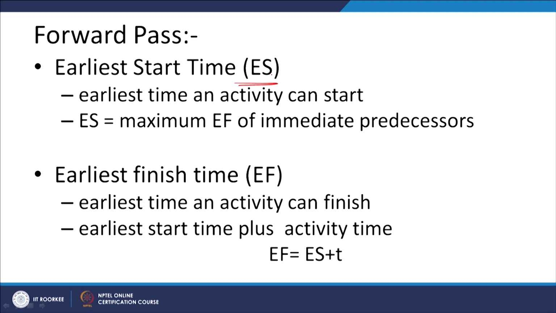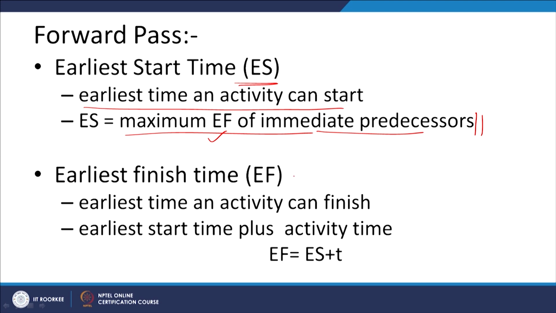Earliest start time, ES, is the earliest time by which an activity can be started, and normally we take the maximum of the time values by which the immediate predecessors can be finished. So, the maximum of the earliest finish times of the immediate predecessors will be the earliest start of the next activity.